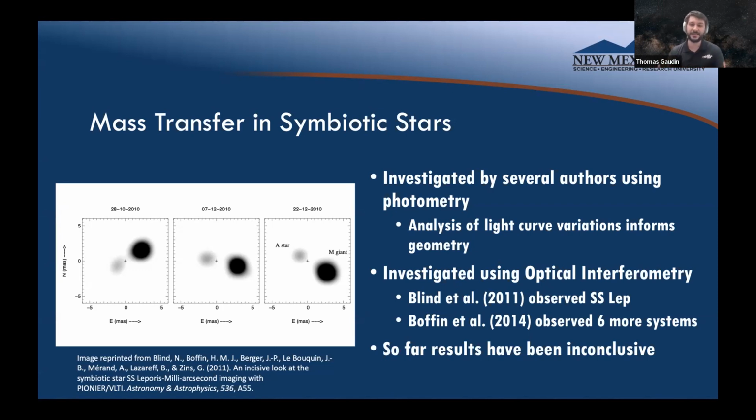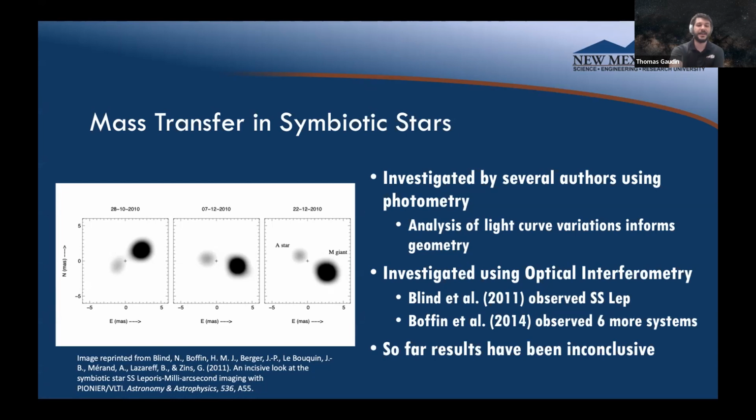This is why in the 2010s, authors turned to optical interferometry to start investigating this topic. This was investigated twice using VLTI during the 2010s. The most famous observations were done by Blind using VLTI to observe the target system SS Lep, which we see over here. Work was picked up by Boffin in 2014, observing 6 more systems.